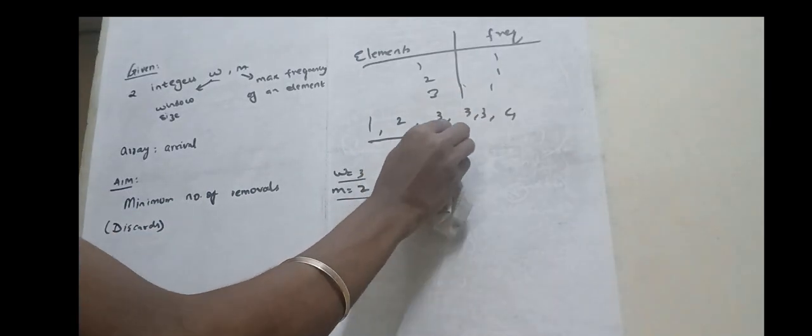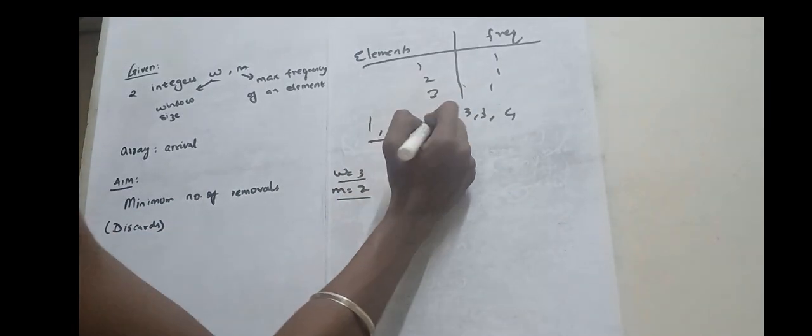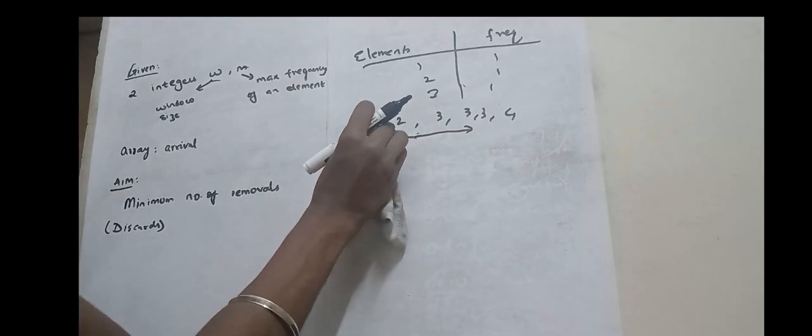And then we increase the window. 2. 2 is again 1. And then again we increase the window. 3. 3 is again 1. Now you are going to shift the window. Why? Because the window size is exceeding. So when you reach 4, you will pop this particular element out.